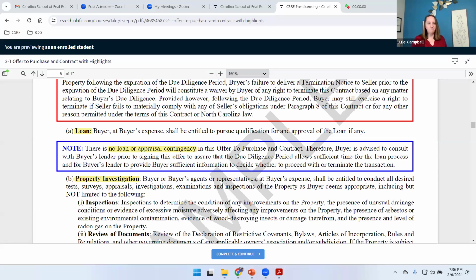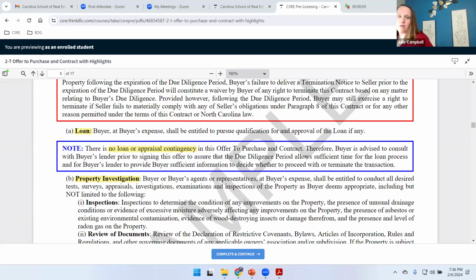The note is telling us there's no loan or appraisal contingency. So if we find out after due diligence that the buyer's not going to get loan approval, the buyer's in breach, they'll have to terminate, and the seller will get the earnest money deposit. There is no loan contingency. Question came in earlier, specifically about this.